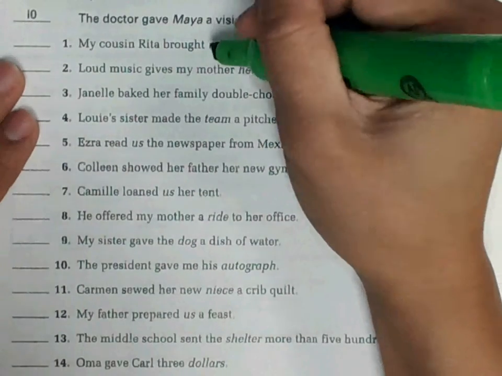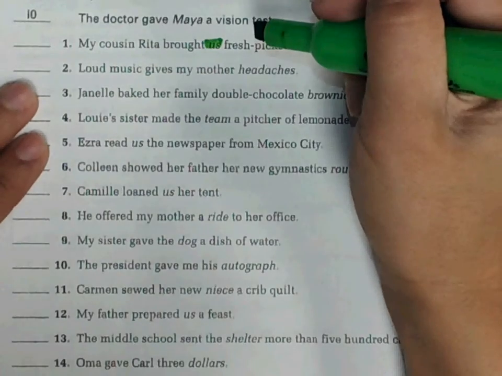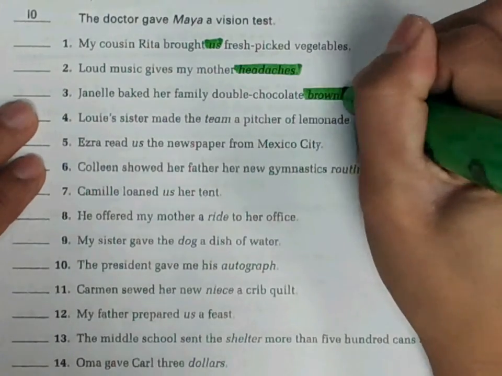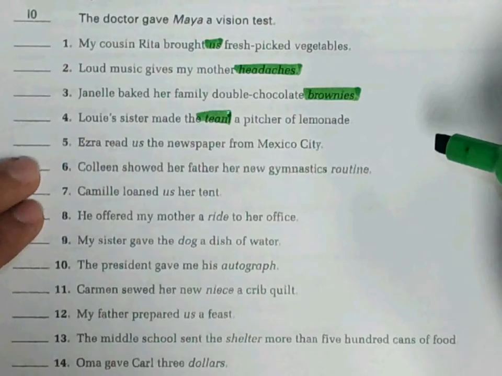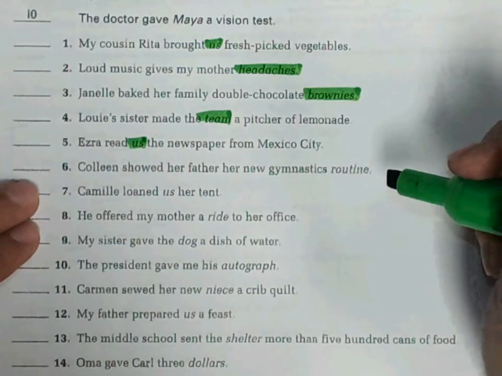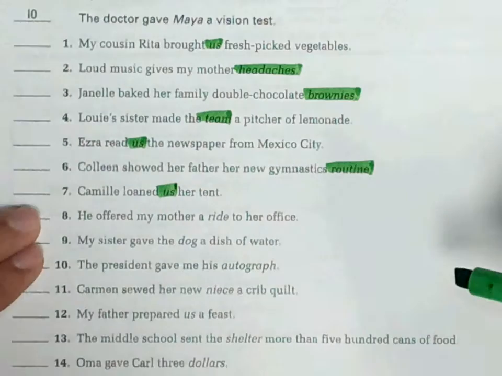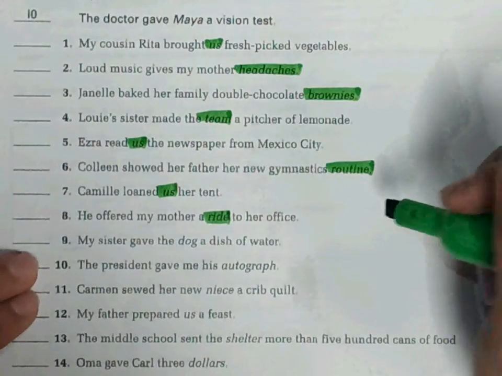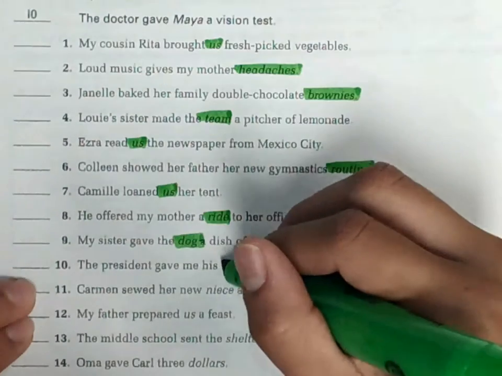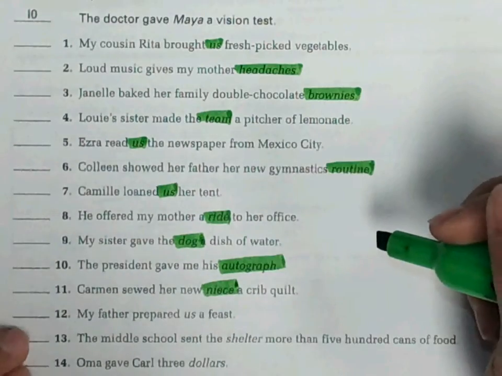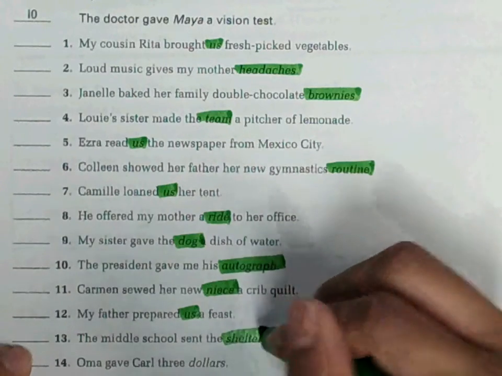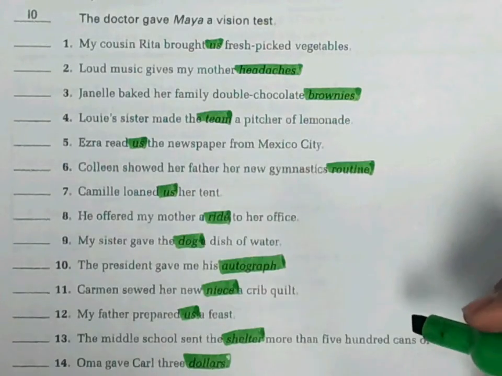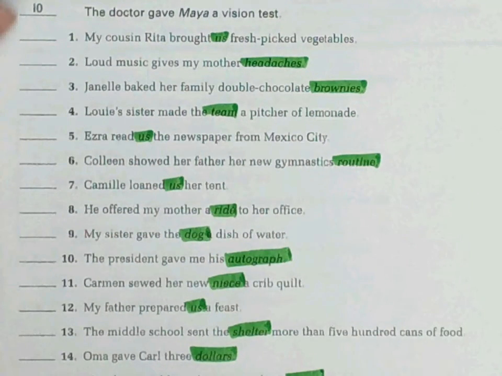So number 1 is us. 2 is headaches. 3, brownies. 4, team. 5, us. 6, routine. 7, us. 8, ride. 9, dog. 10, autograph. 11, niece. 12, us. 13, shelter. 14, dollars. And 15, name.